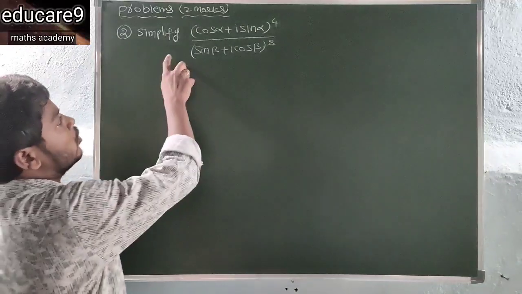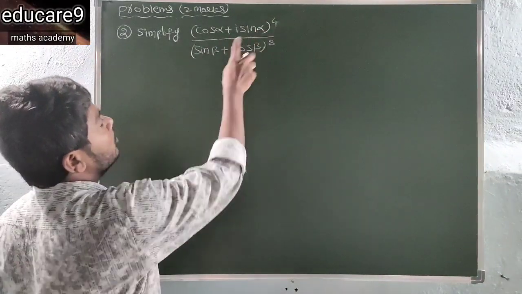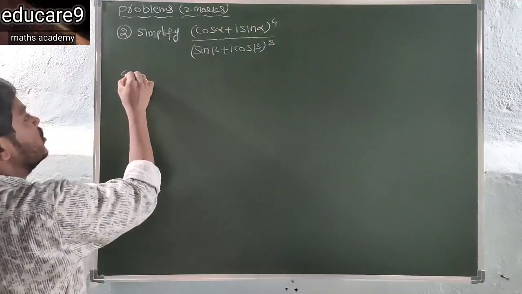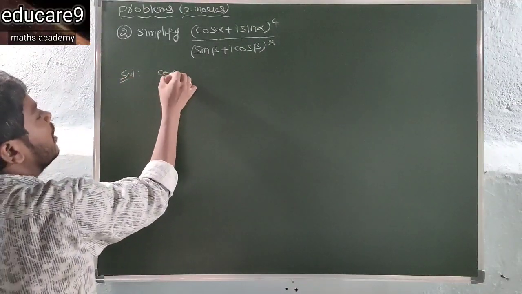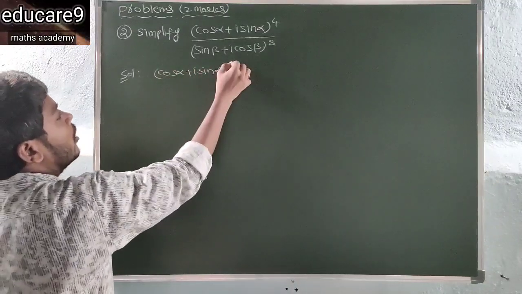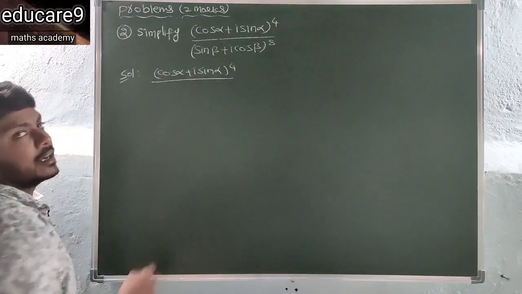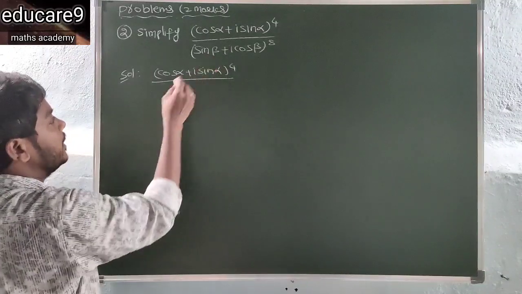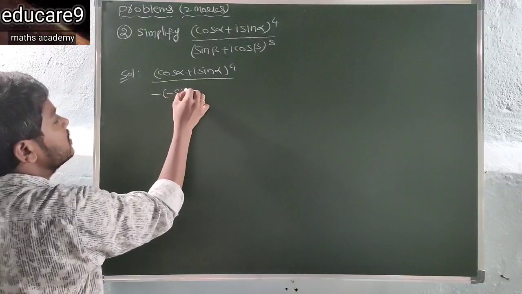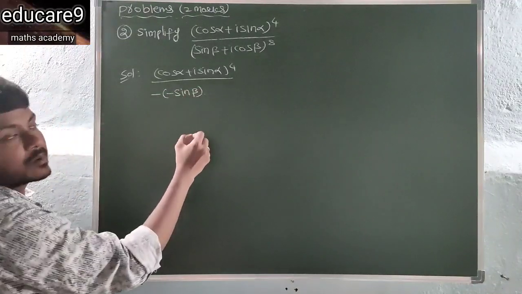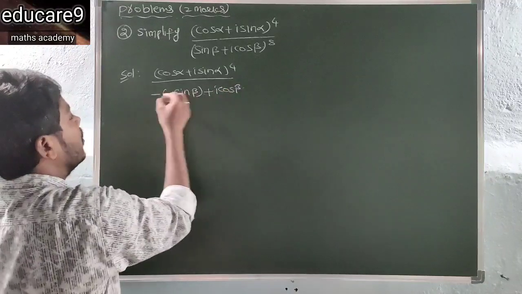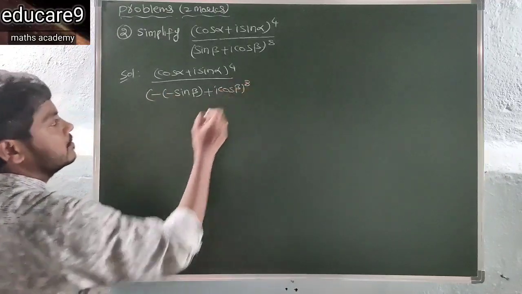So see the question number 2. (Cos alpha plus i sin alpha) whole to the power of 4 and (sin beta plus i cos beta) whole to the power of 8. So see the solution. (Cos alpha plus i sin alpha) whole to the power of 4 and here sin beta, the sin beta can be written as minus of minus sin beta, and plus i cos beta whole to the power of 8.